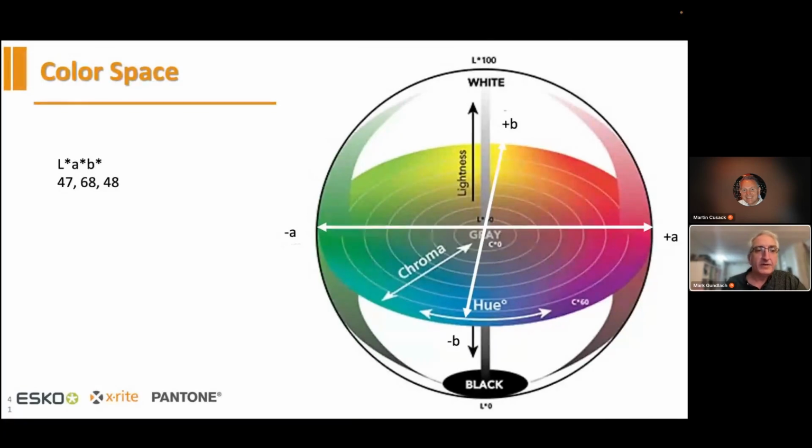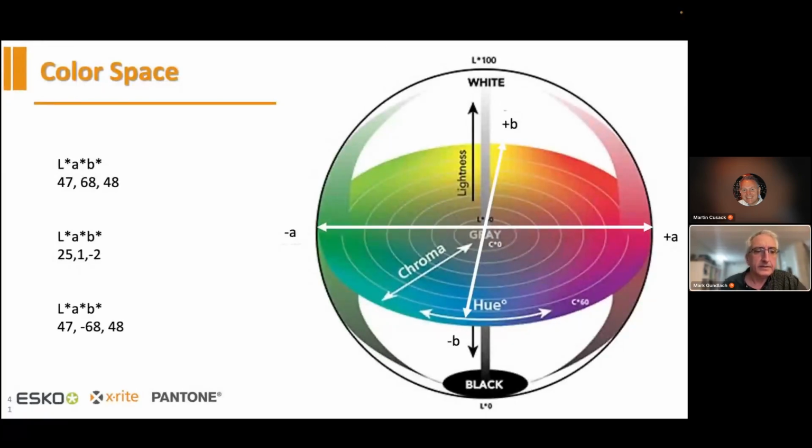And then we're going in the B direction, moving towards the red sector there. Here's another LAB. This one's 25, 1, -2. So that one is going to be down towards the low end. I'm coming from the bottom and going up about a quarter of the way. And it's 1 and -2, so it's fairly neutral. So that's going to be a darkish gray, right?